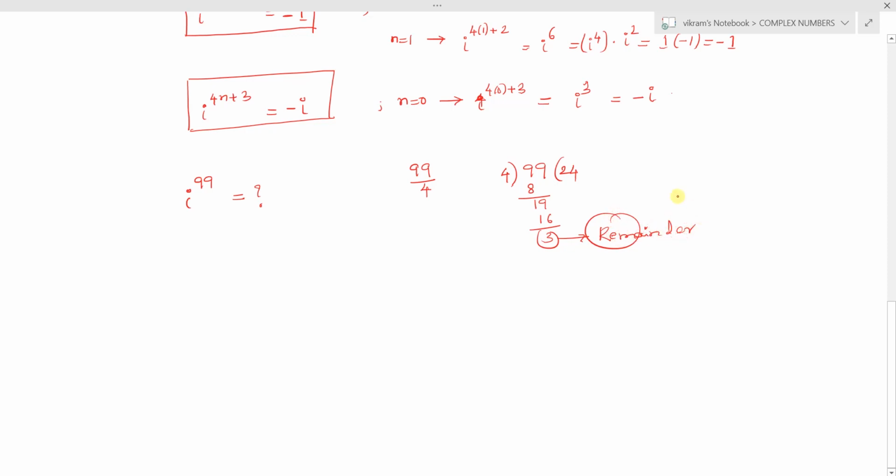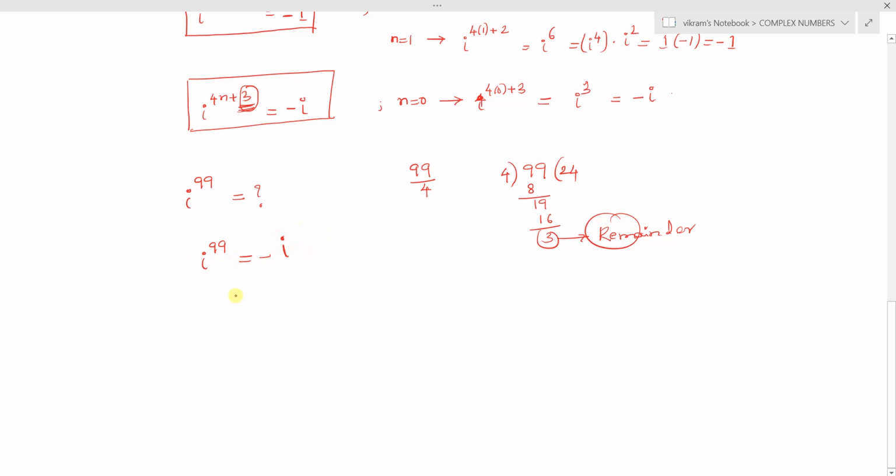If we divide the power by 4 and we get 3 as the remainder, then the resultant is minus i. So we will get iota power 99 equals minus iota. Why?